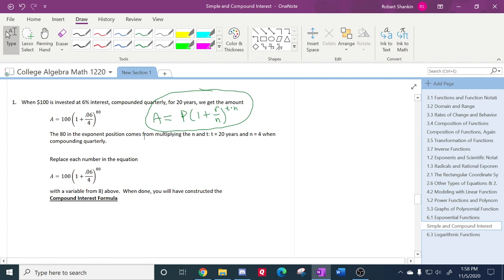Now, one of your first tasks is going to be to memorize this formula. Do you need to have it memorized? Yes. So I want you to study it for a little bit, and then turn away from it and write it down from memory. I'll give you a minute for that.